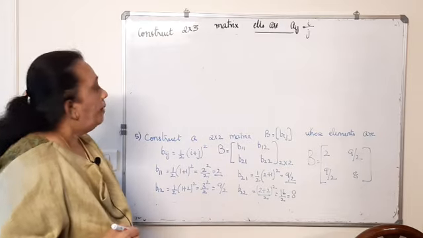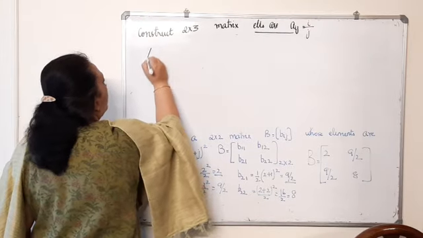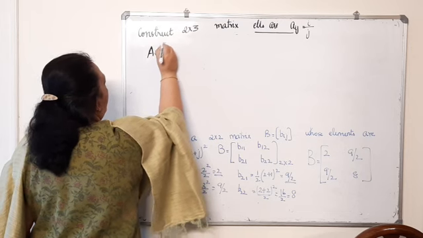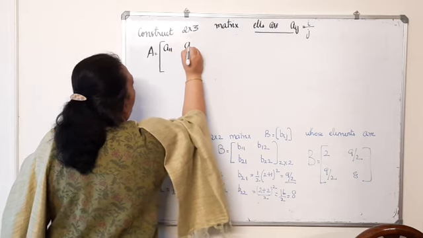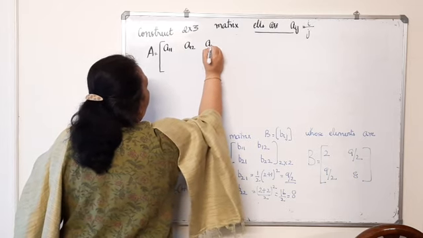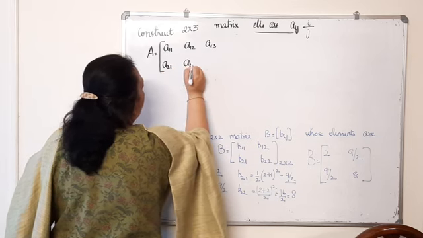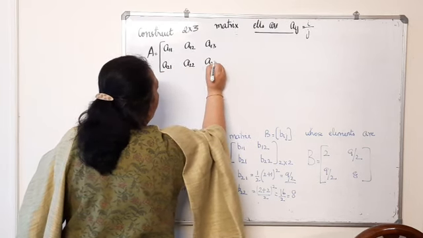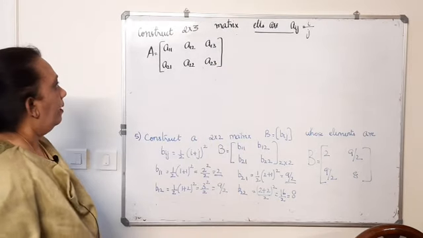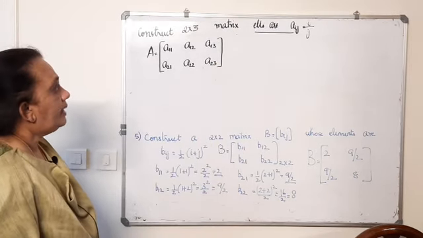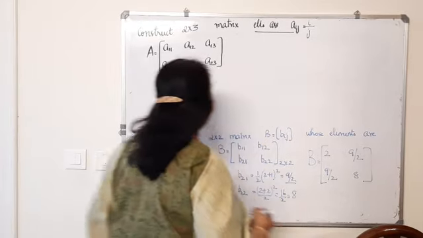Now, 2 by 3 matrix. So first of all you should have an idea about the 2 by 3 matrix. It will have 2 rows and 3 columns: A11, A12, A13, A21, A22, A23. Okay, now the general element is given by Aij is equal to i by j.